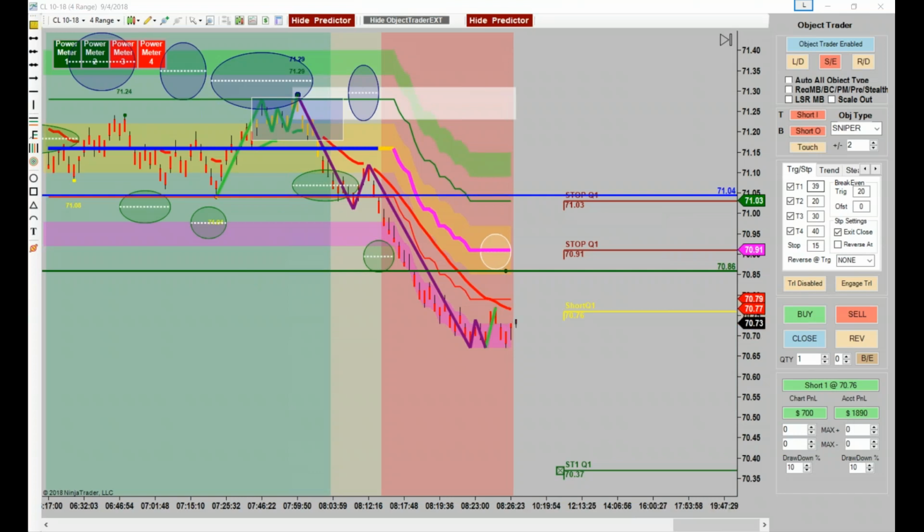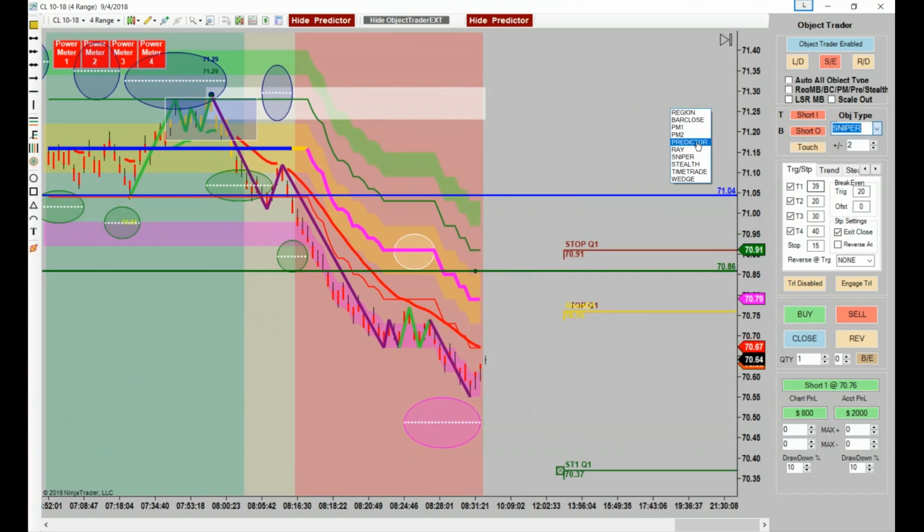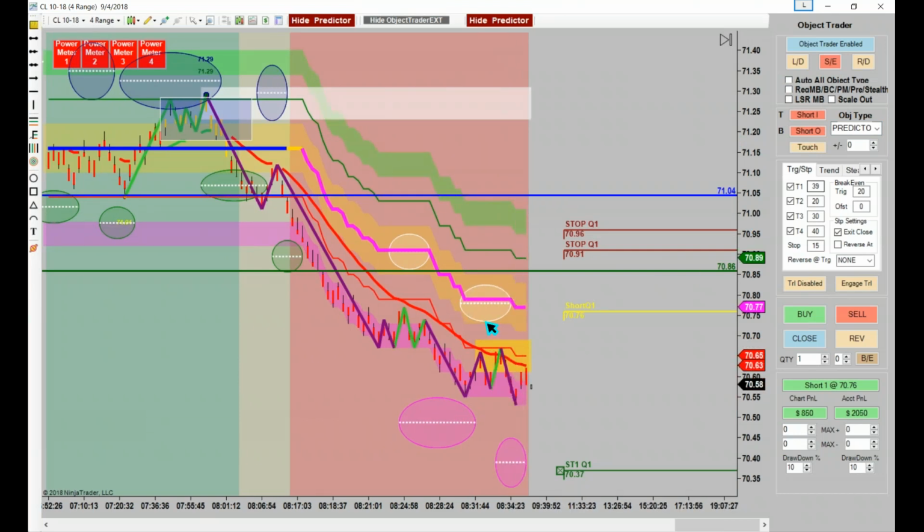Let's see if drawing on our charts pays off. We're in 1. Notice predictor's still where it was. If it draws another predictor, I'll move it. But how about this? We've got a tool called predictor, and I'm going to just move that. It should take this trade if it goes up to a predictor.